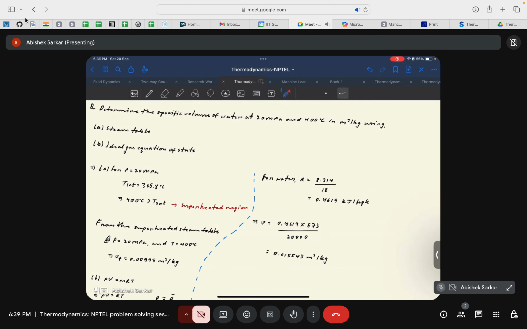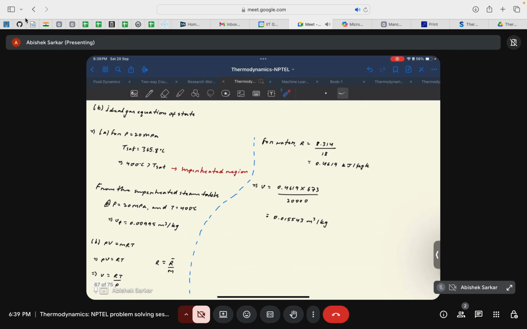Find the specific volume at very high temperature, say the highest value of temperature given in the superheated steam table, and then compare it to the value obtained from the ideal gas law, and see whether at high temperatures you get much more comparable values of these thermodynamic properties from the ideal gas law and the steam table. It's just an exercise that you can try out, but this is completely upon your interest.